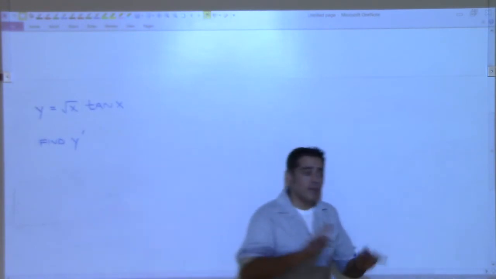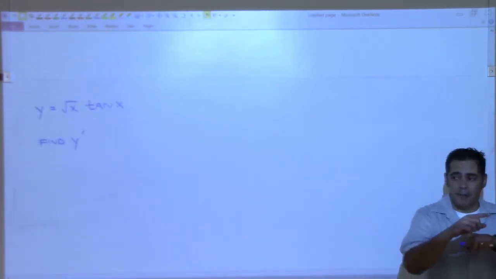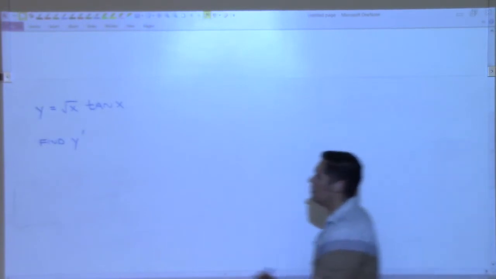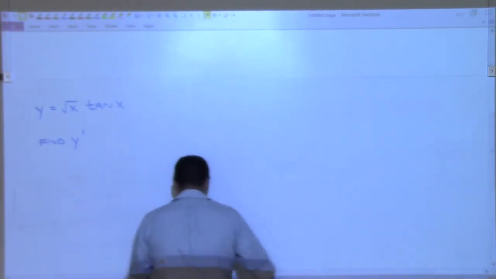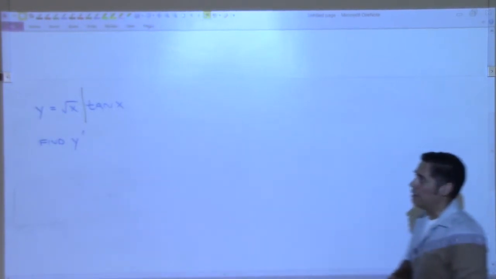That means I just want the derivative, right? I'm not asking you for the slope of a tangent line at a specific point. I just want a formula for the derivative of that function. So you look at that now, and you must realize that you have a product here. That's on you. You have to look at it and recognize the product. And the product here is occurring right there.